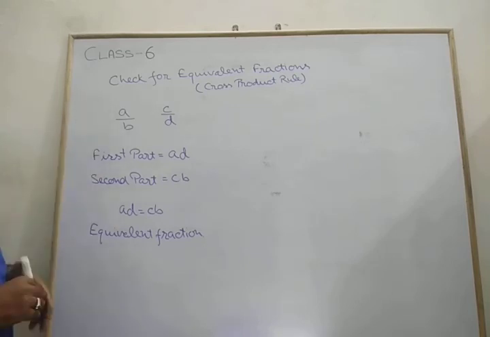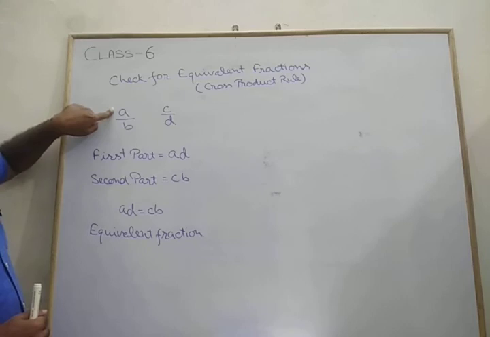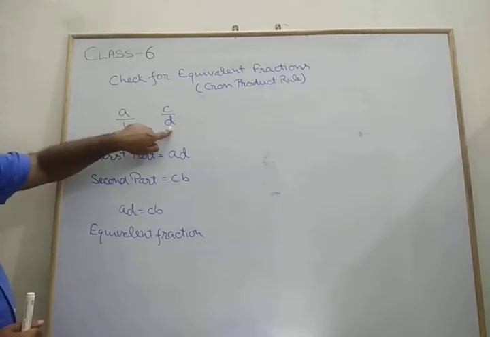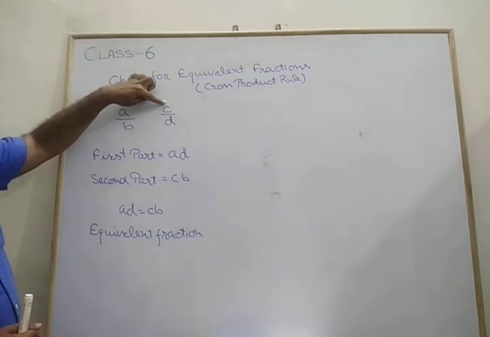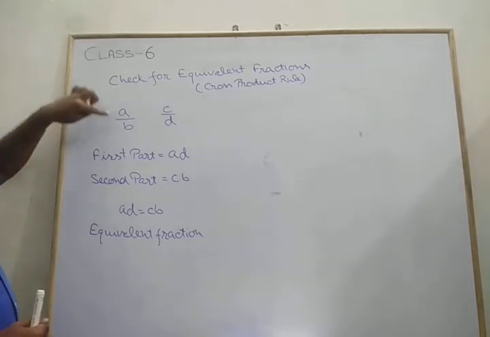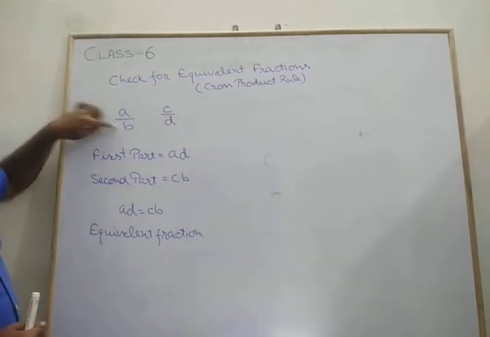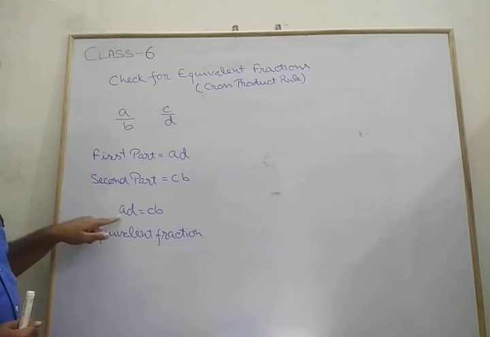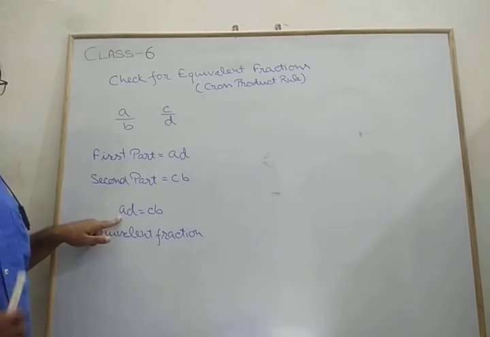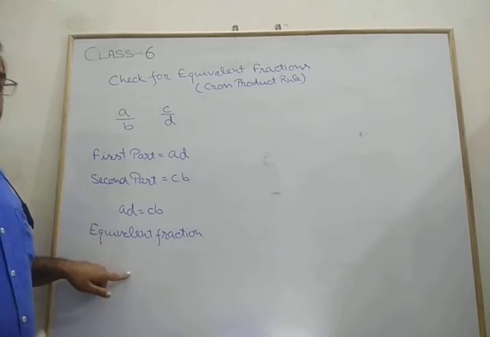So this is your concept. If you multiply the numerator of the first fraction by the denominator of the second fraction, and the numerator of the second fraction by the denominator of the first, and both products are equal, then the fractions are known as equivalent fractions. Otherwise not.